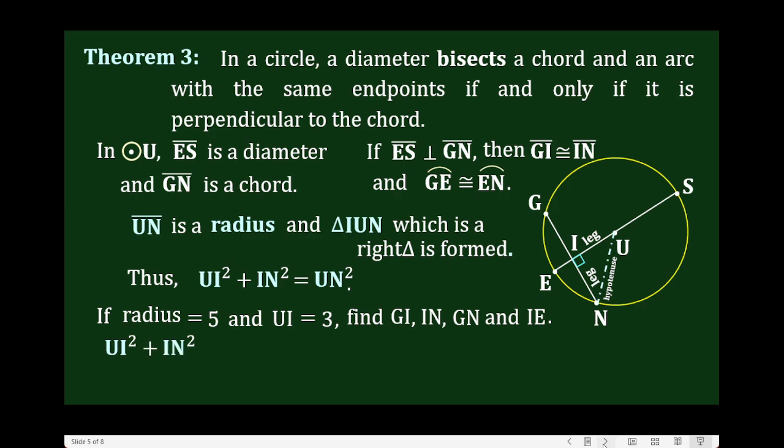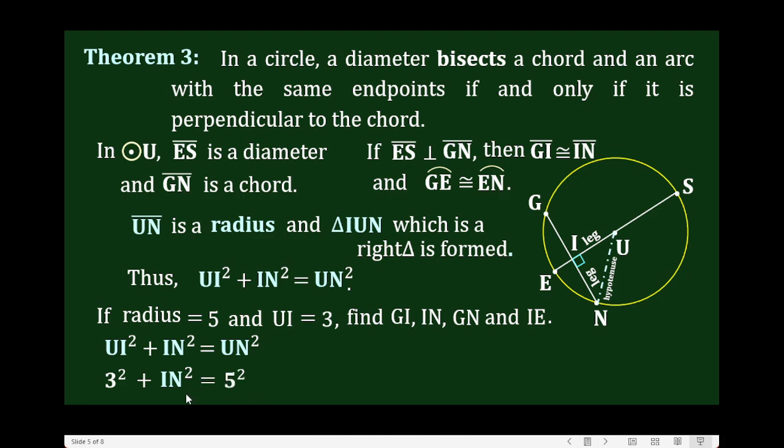So we rewrite the formula and substitute the given lengths of those segments. UI is 3, so that is 3 squared plus IN squared, the one we're looking for, equals UN, which is actually the radius, whose length is 5, so that is 5 squared.